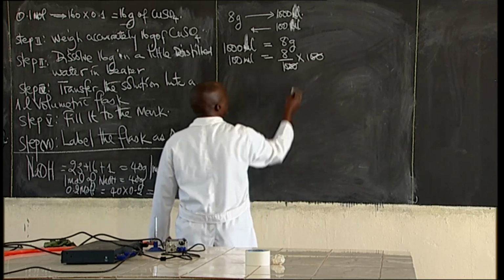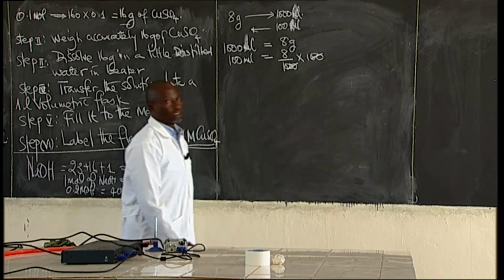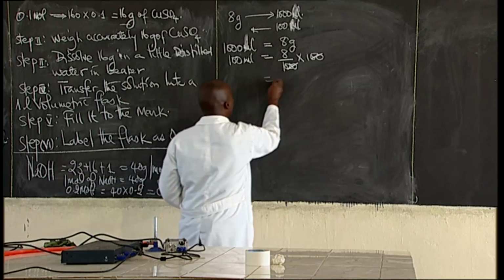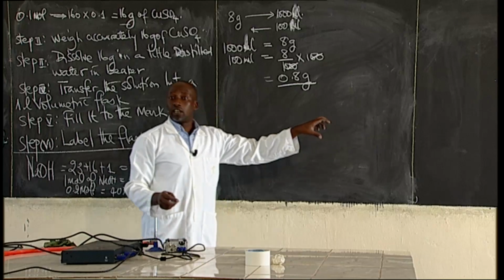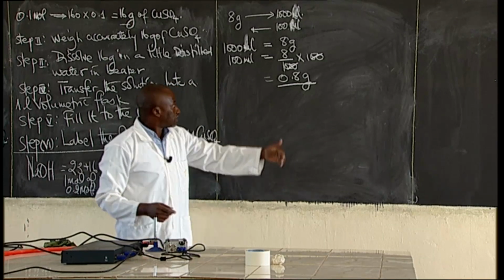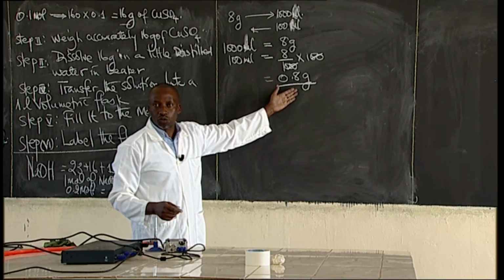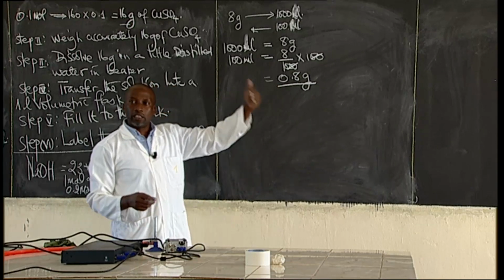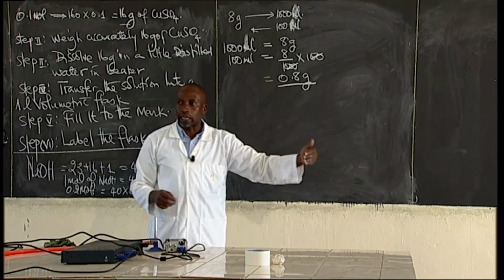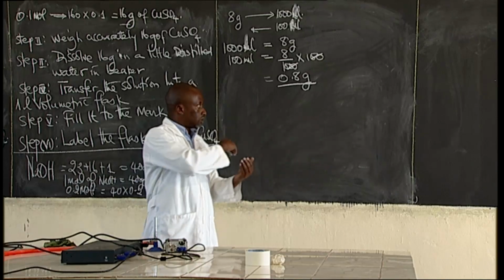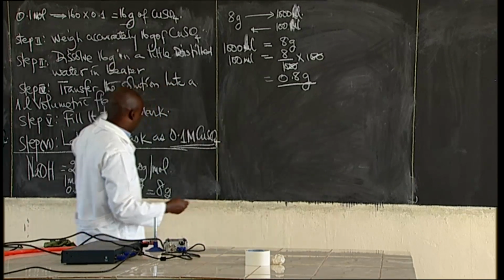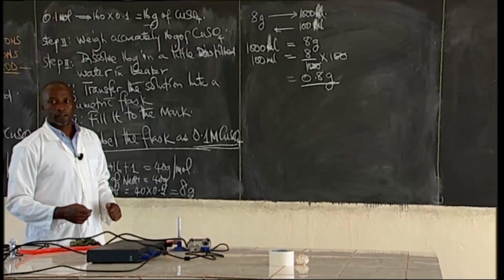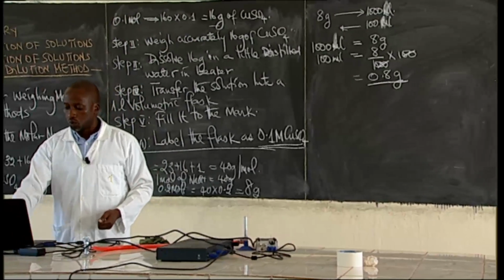You divide by 10, that is 0.8. So you'll have 0.8 grams. You weigh this, then transfer it into a 100 milliliter flask with water, dissolve it, and then follow the steps. So that is how we do it.